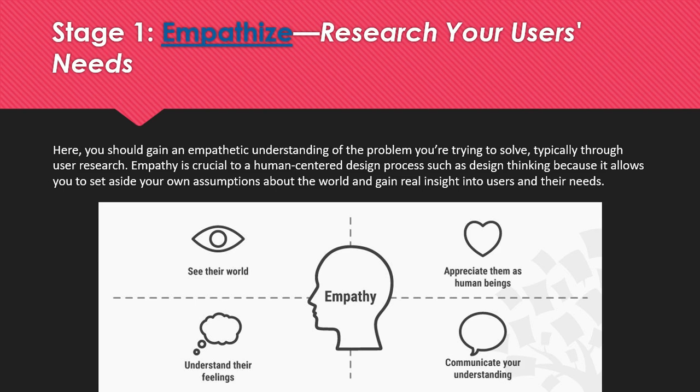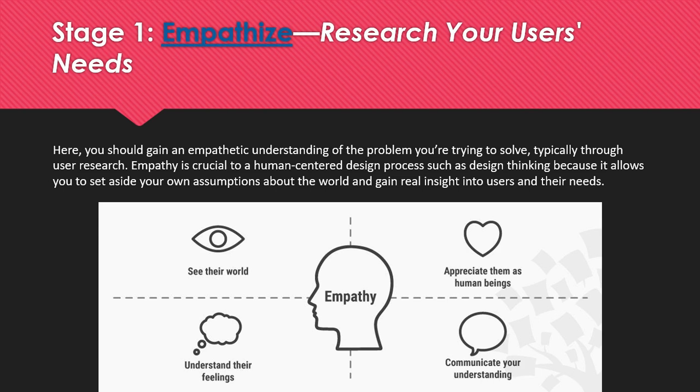It's all about your users. You have to see their world from their own point of view. You have to understand their feelings. You have to appreciate them as human beings, like everybody has different choices. So you have to understand that my users' choices might be different from mine. So you have to appreciate them as human beings and you have to communicate your own understanding.